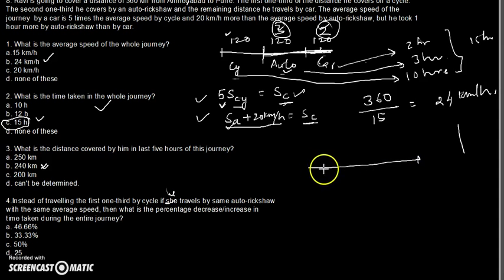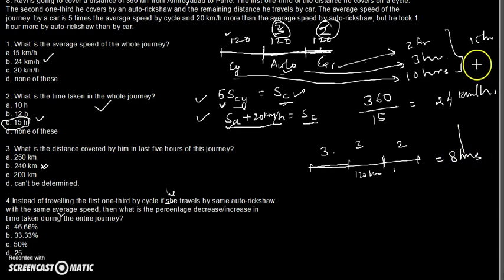Now you have already got the times, right? If he could cover the entire 120-kilometer stretch by auto rickshaw in 3 hours, and if this stretch is also covered by an auto rickshaw at the same average speed, it will take 3 hours. 3 hours plus 3 hours, and this by car is 2 hours. So you get 8 hours total.